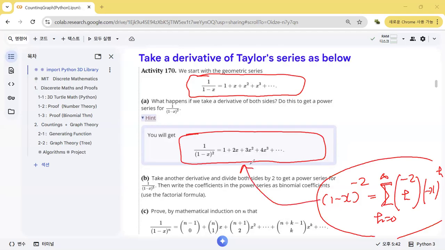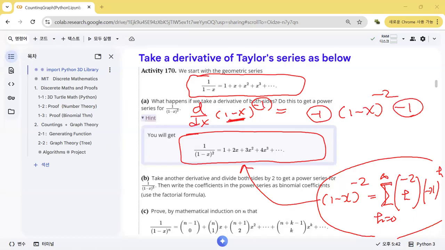But there is another method. Take the derivative of 1 minus x to the minus 1. Then what do you have? The minus 1 comes out, and 1 minus x is to the power minus 2. Inside, the derivative of 1 minus x is minus 1, so this is cancelled out. You get this one, the derivative of this one.